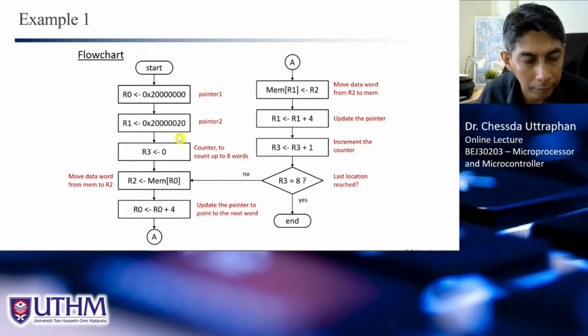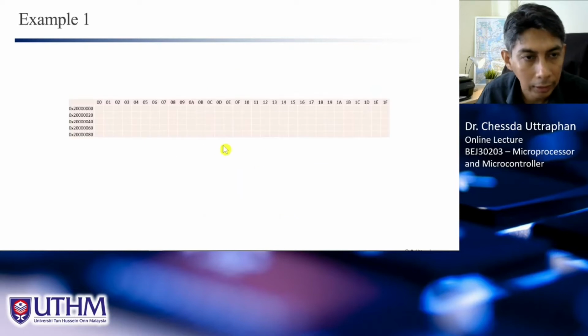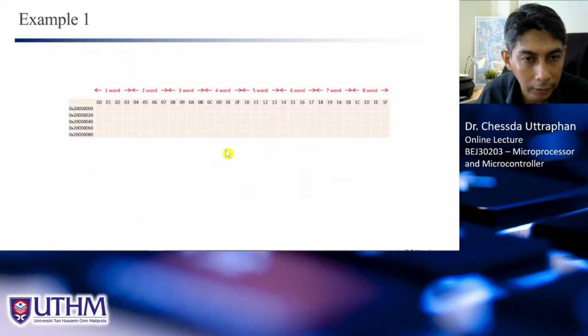Which is this. Remember this, the first location of our data. And we have the counter. This counter will count up to 8 words, because we have 8 words to move.